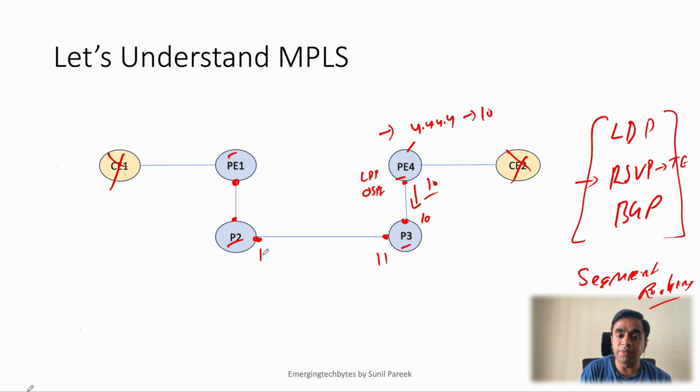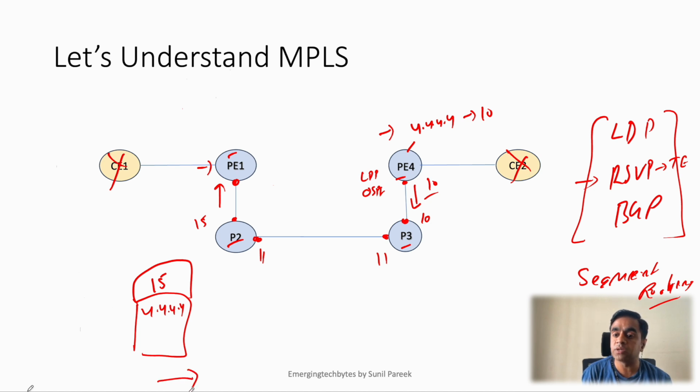This 11 will be sent here, and then this guy will allocate, let's say, a label 15 that will be sent in this direction. So when somebody wants to send a packet, and the destination is 4.4.4.4, what will PE1 do? PE1 will simply put a label 15 on this one and send the packet in this direction.